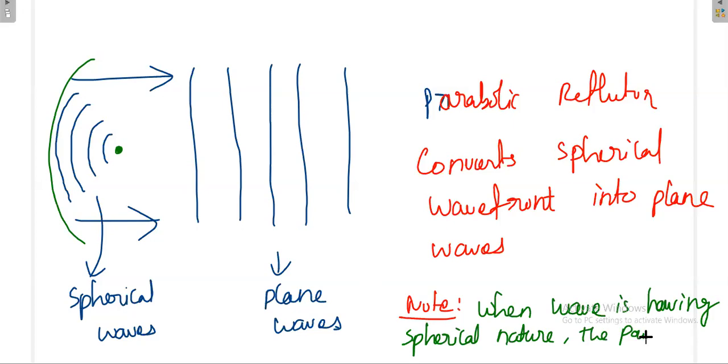Spherical nature means it spreads the power spherically in all directions. The power of the wave decreases very quickly, because whenever a wave is going in all directions, definitely the power will reduce. If it goes in only one direction, the power will not reduce.